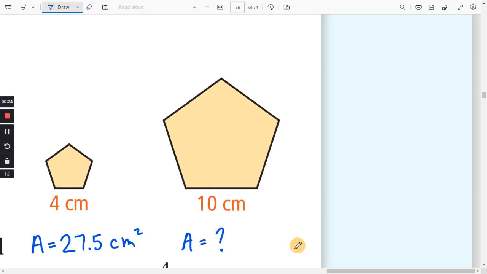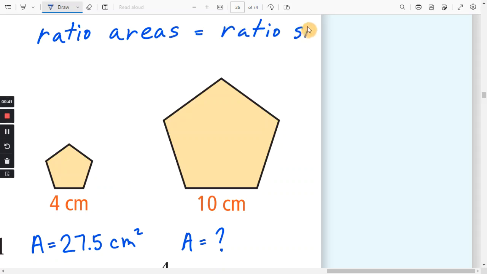Now, we know that the ratio of the areas equals the ratio of the sides squared. Okay, and we can see the ratio of the sides right here.